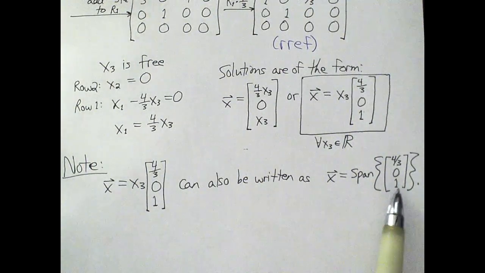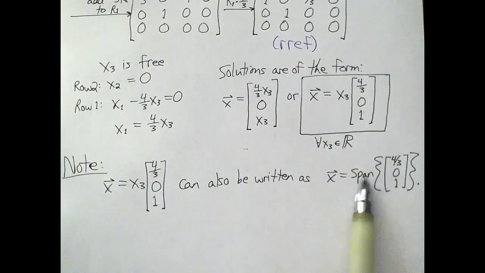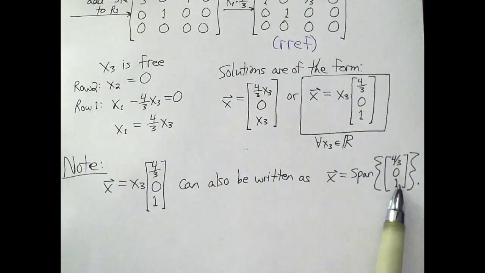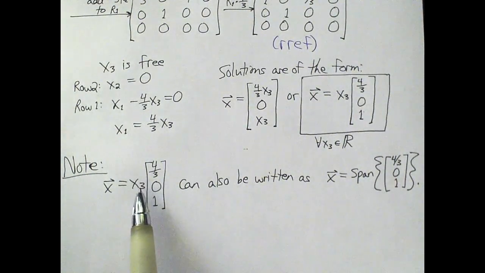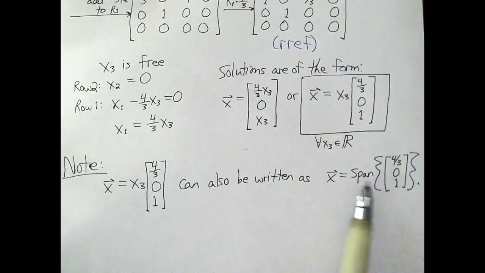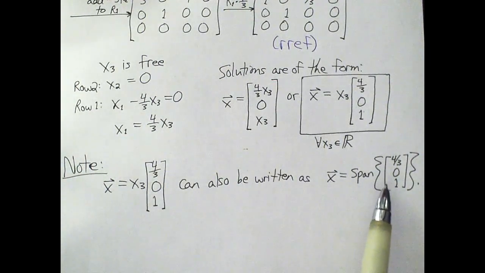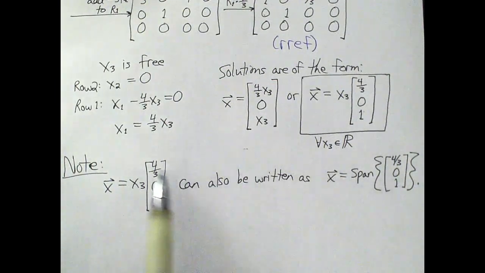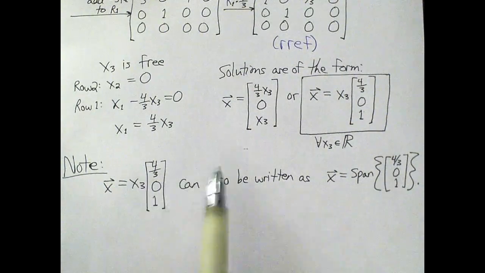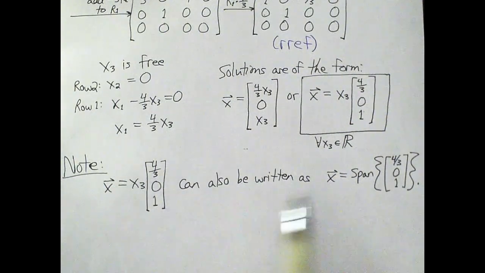If you only have one vector there, and you say span of one vector, you're basically just talking about that vector with a weight out front, right? We use the word weight, or you could just say with a scalar out front. So yeah, x equals every vector that is a multiple of this, or x equals x3 times this, where x3 is any real number. They mean the same thing.